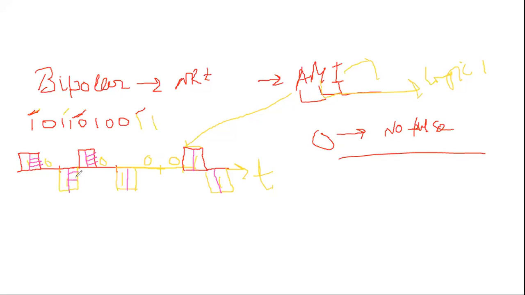That means that part would be 0. This part is 0. So the first one is your non-return to 0, and this portion, the shaded area, when it is absent, then in that case it will be return to 0.